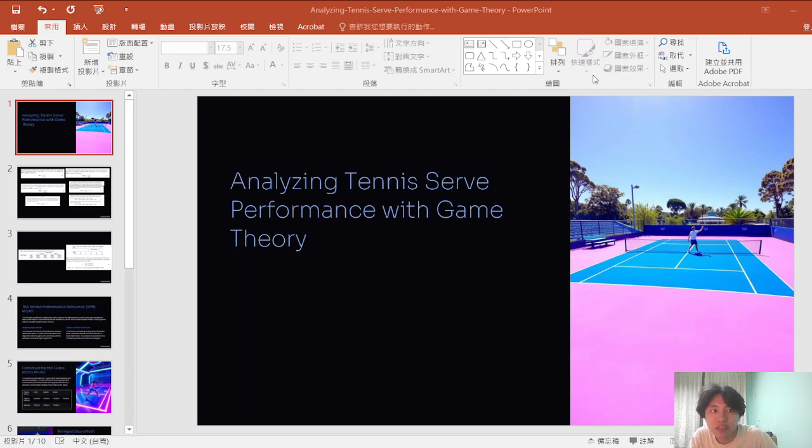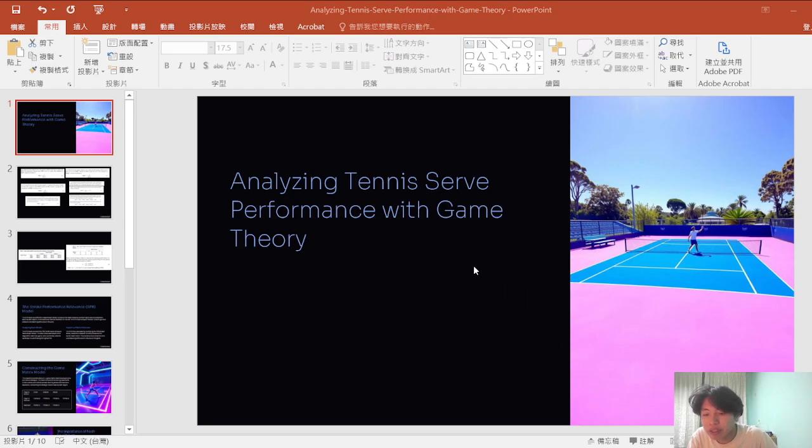So its code is presented here, and the third is presented here, and the fourth is presented here, and the fifth is presented here, and the sixth and seventh are here.